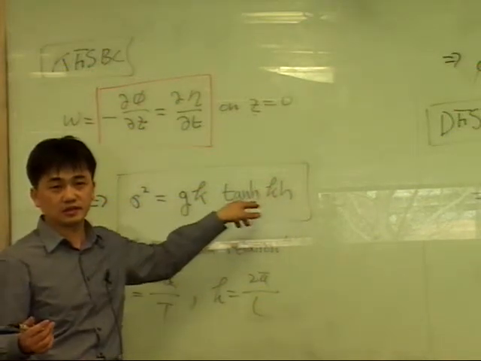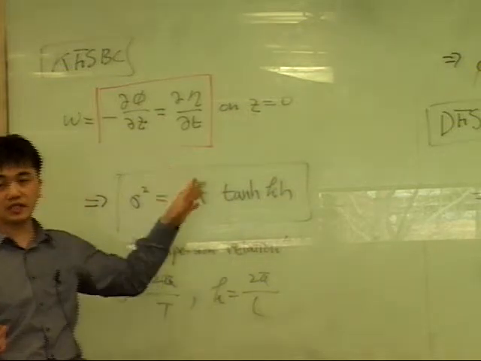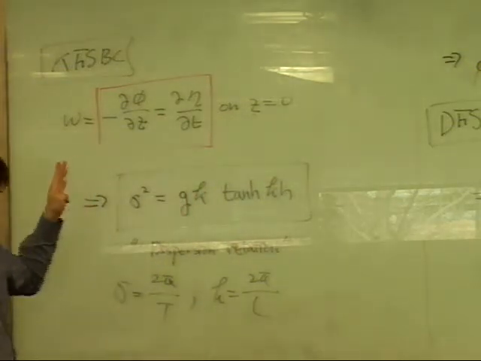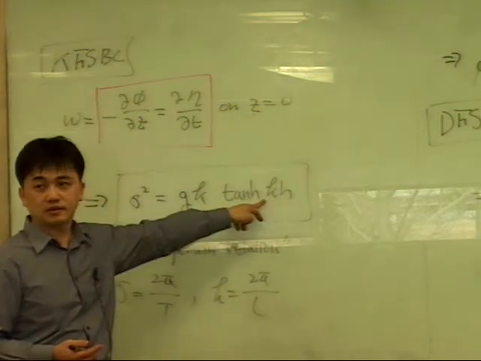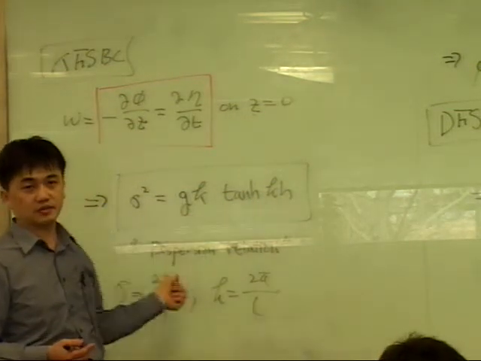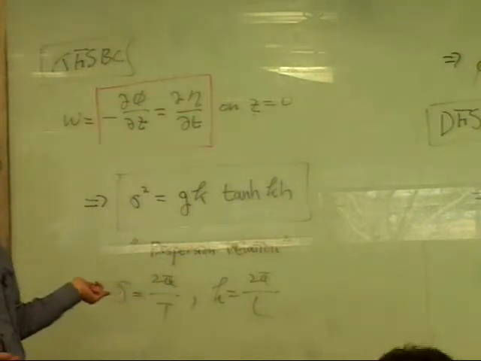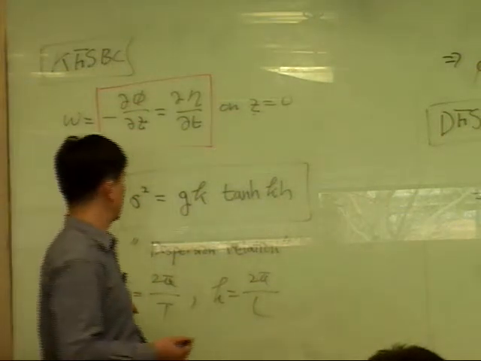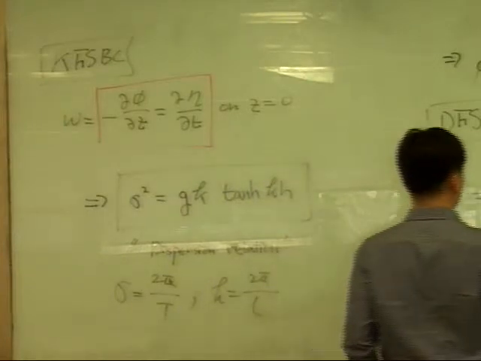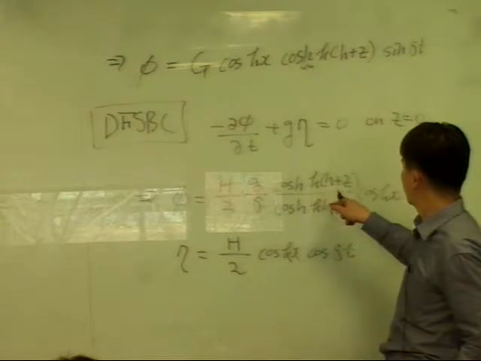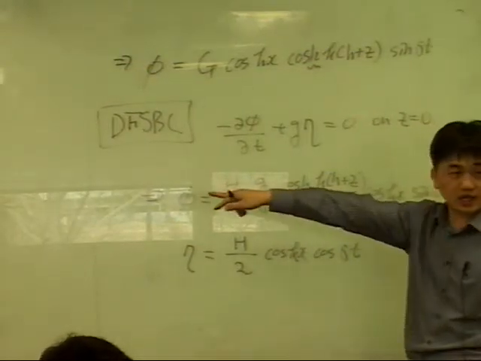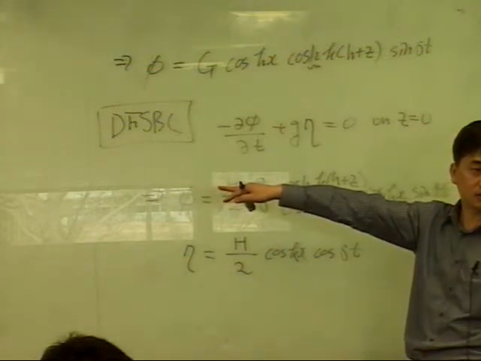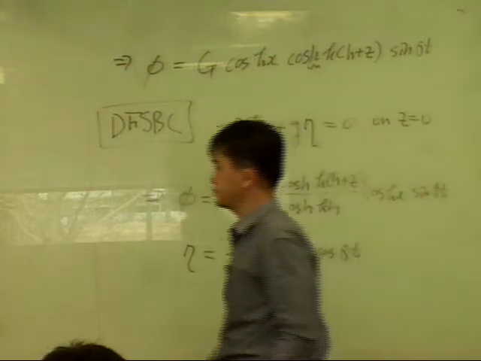This equation gives us the relationship among wavelength, period, and water depth. It's named the dispersion equation. So in our solution here, k and sigma should satisfy that dispersion relationship.